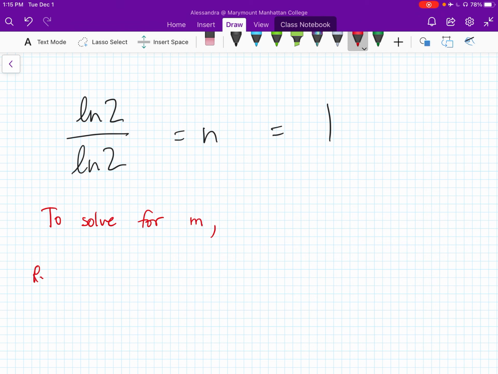I'm going to take the rate of experiment 5 over the rate of experiment 4, and I could have reversed them. It doesn't matter which one I put over the other.